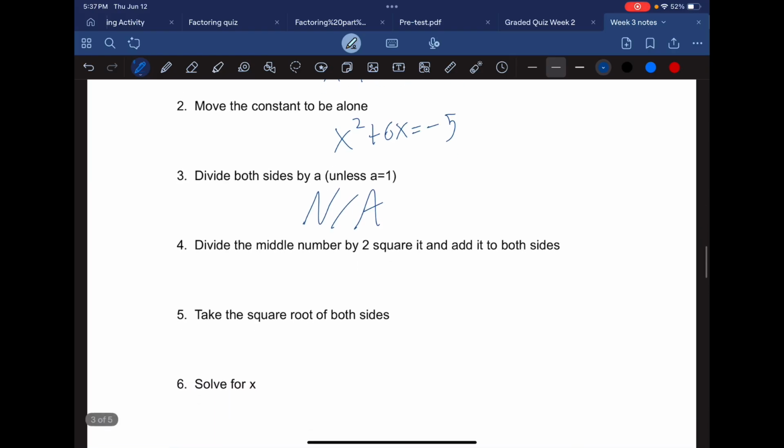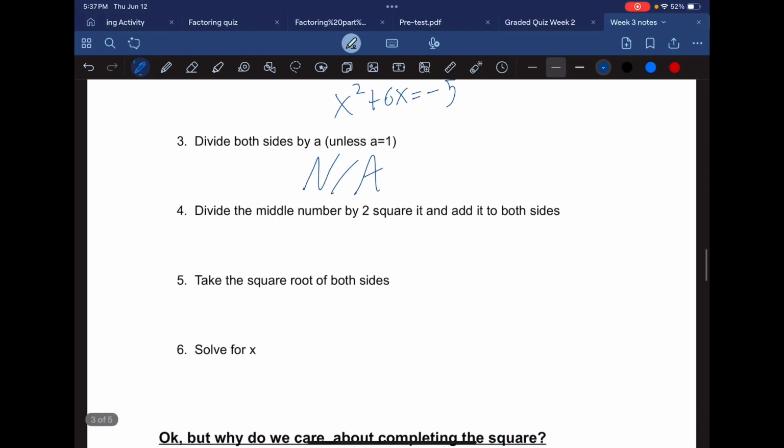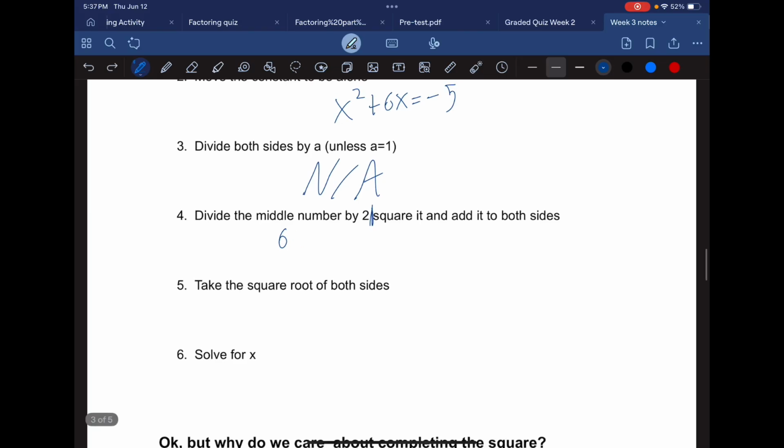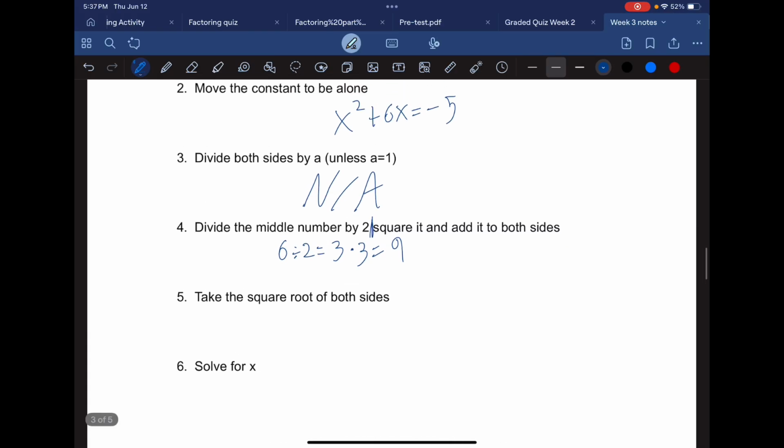All right, and then this is where it gets a little confusing. So we're dividing the middle number by 2, and we're stopping there. So we have 6x. The x isn't important here. We're just dividing the middle number. So divide the middle number by 2. That equals 3. All right. Now we're taking the 3 and we're squaring it. So that gives us 9. And then we're adding this 9 to both sides of the equation.